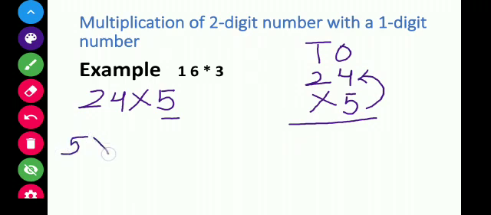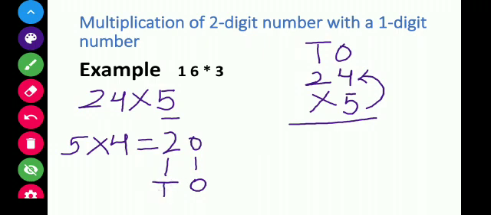5 4s are 20. Children, again it is a greater number than 9, so we cannot write it. So we will break it into ones and tens. 0 under ones and 2 under tens. So 0 will come under ones place and 2 will be carried over to the tens place.